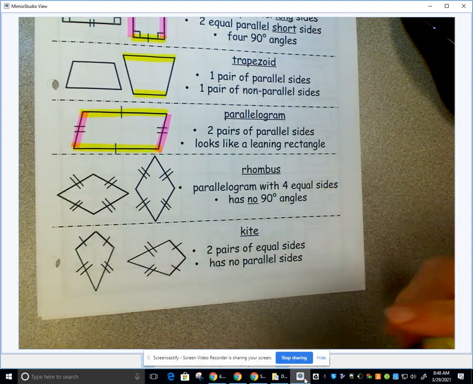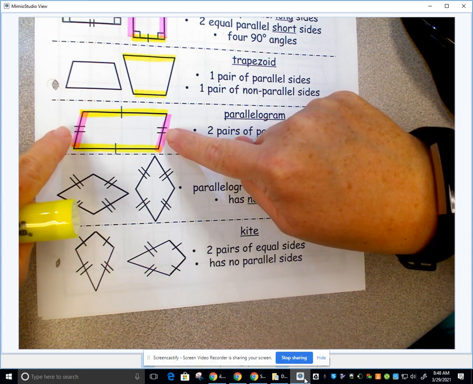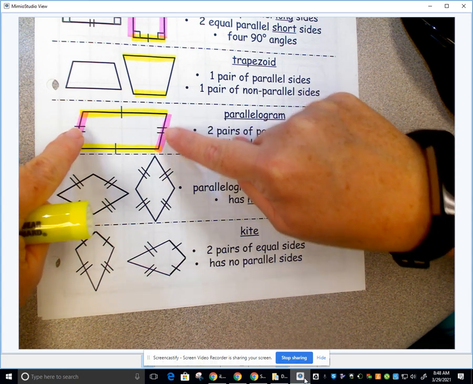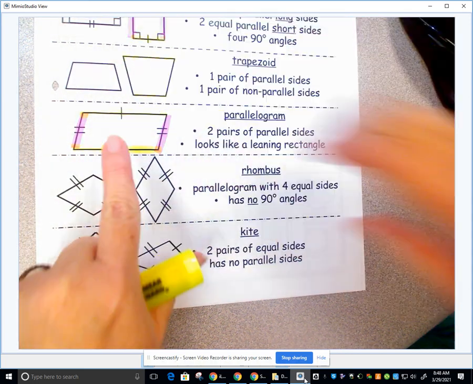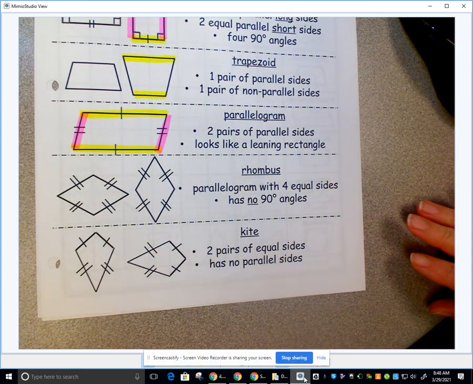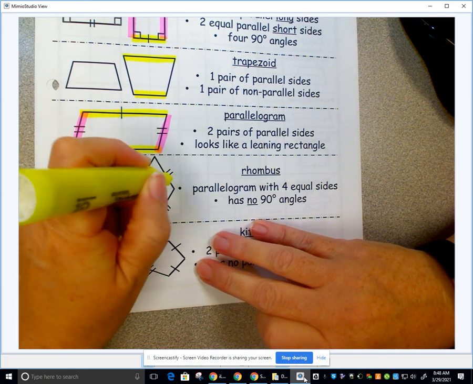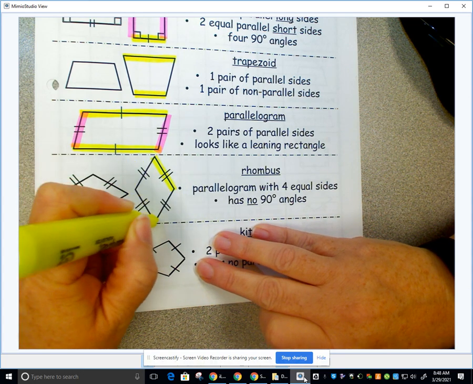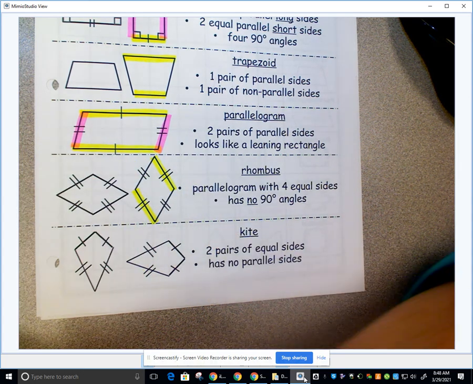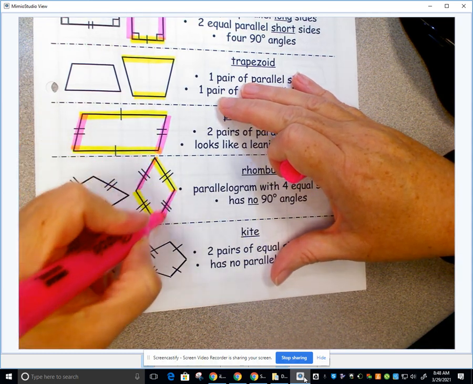Okay, going down to the rhombus. And by the way, notice the tick marks. Two tick marks match. That doesn't mean that they're parallel. It means their length is the same. One tick mark, those match. Okay, the rhombus. This line is parallel to this line, and this line is parallel to this line.